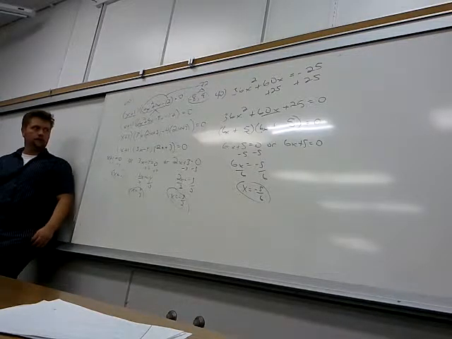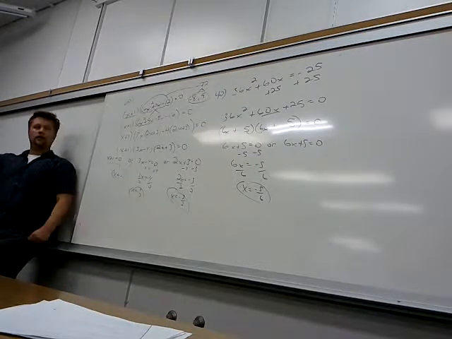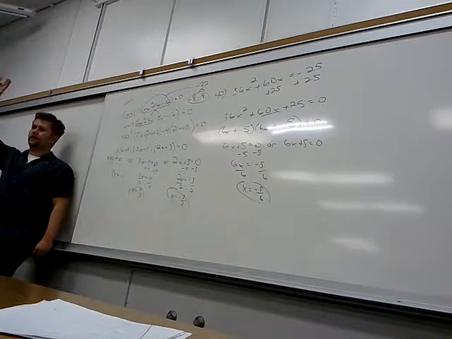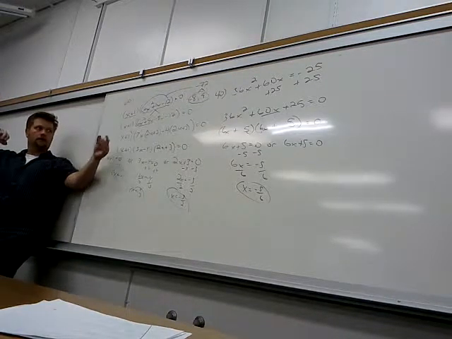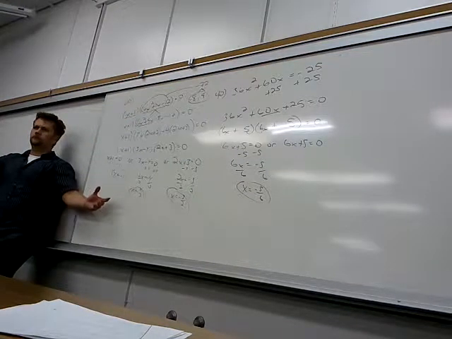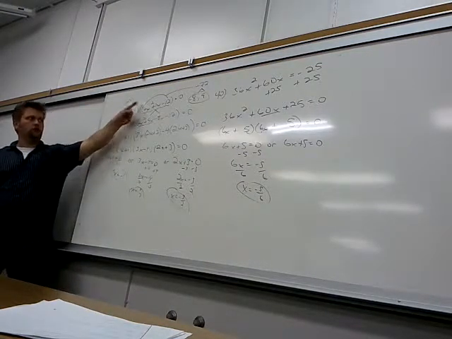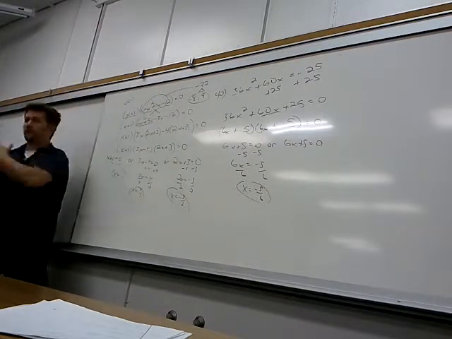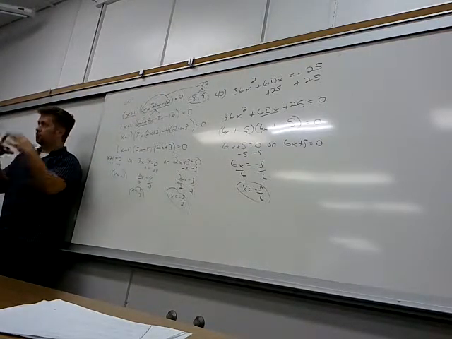Okay. So the main idea here is get it equal to 0 if it isn't, if the power on the x is going to be higher than 1, and then factor. So the only reason you would multiply this out is if somebody didn't make it equal to 0. Then you have to remultiply and bring it over. That's the only time you would multiply something out.